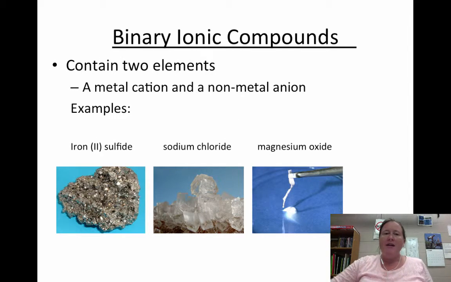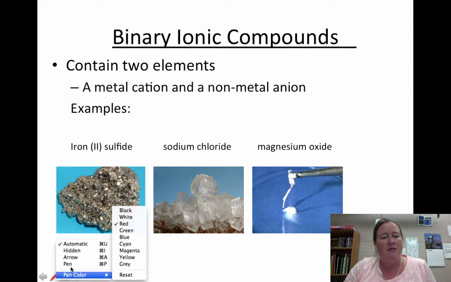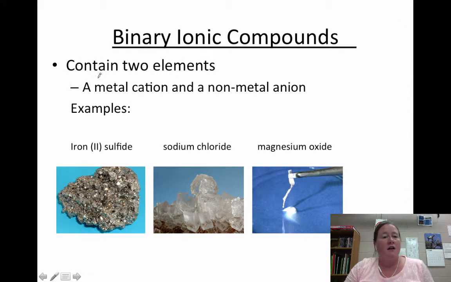So, binary compounds contain two elements, and the first element is always a metal cation. Remember, metals often have 1 or 2 or 3 valence electrons, sometimes 4, sometimes 5 and 6, but commonly 1 to 3, and they lose those valence electrons to leave behind positively charged ions.